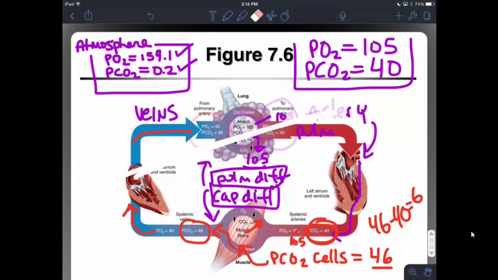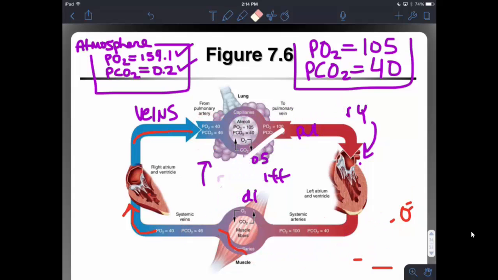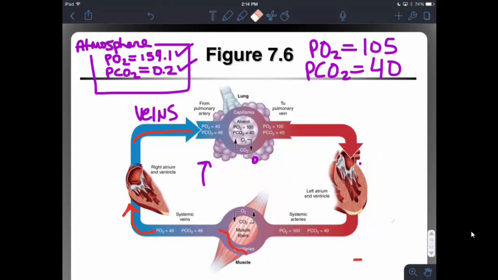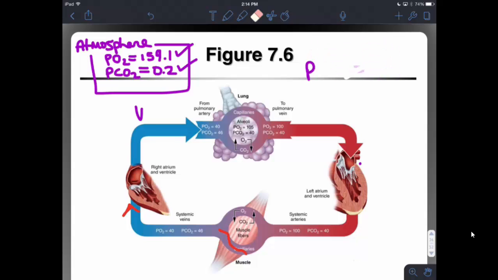So let's summarize this. Alright, so again we're going with 105 here. Pretend like it never said 100. Okay? So in the alveoli we have a PO2 of 105, a PCO2 of 40. In the venous blood we have a PO2 of 40, a PCO2 of 46.